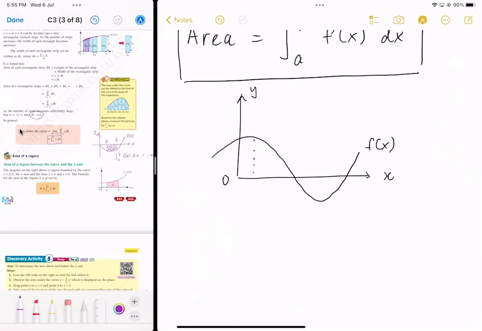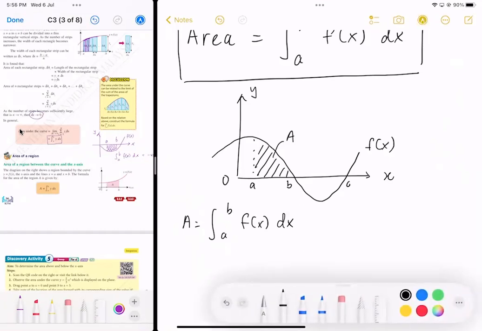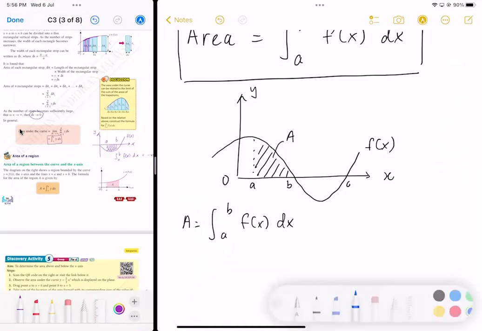Let's say this is A, this is B, this is C. If I want to find the area here, let's say area A, area A is going to be the integration from A to B of f(x) dx. Correct or not?